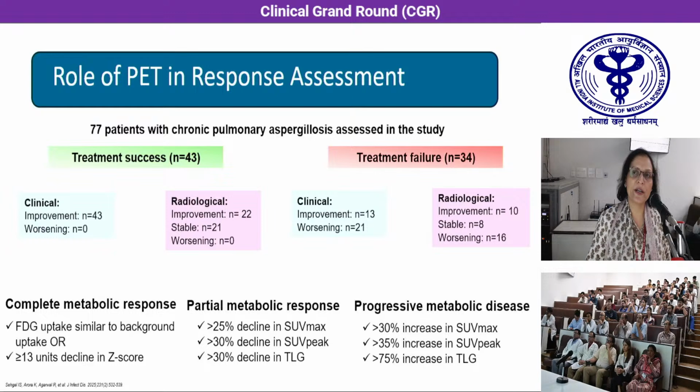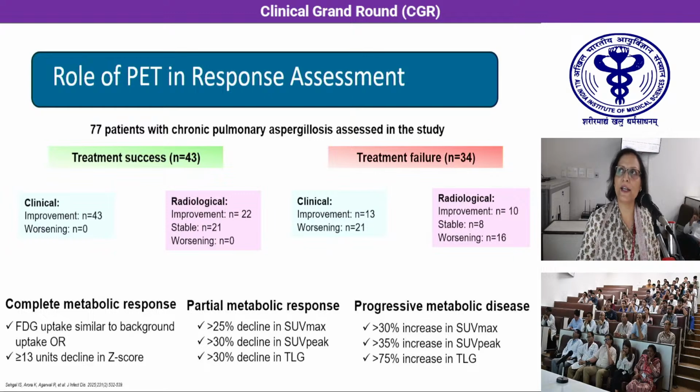Multiple parameters were evaluated in FDG PET, and there was a good correlation, or complete correlation, among the ones which had a treatment success, whereas there was fairly good correlation, that is worsening in 21 clinically and worsening in 16 radiologically.